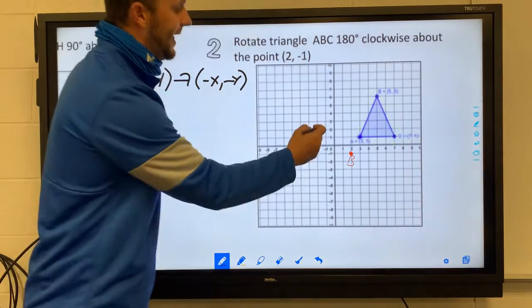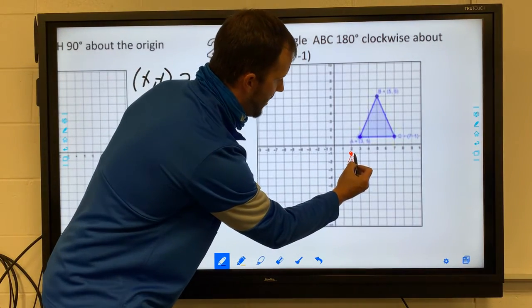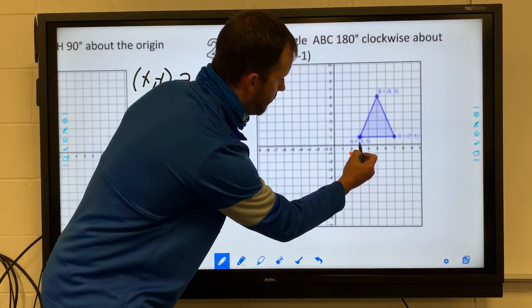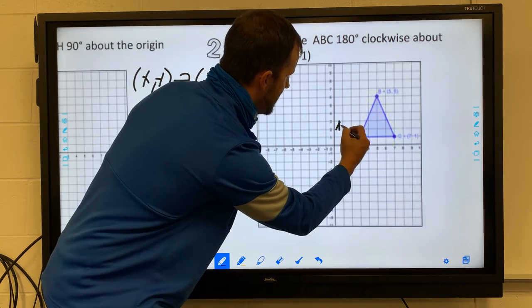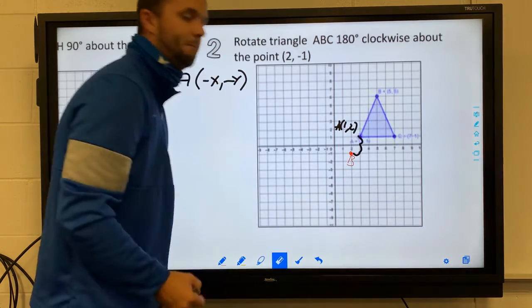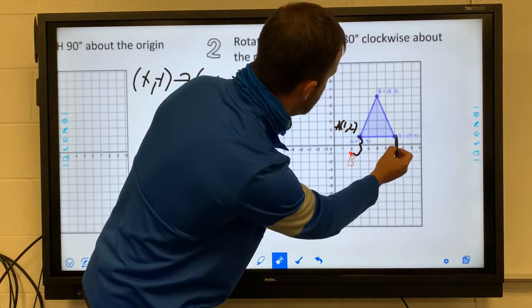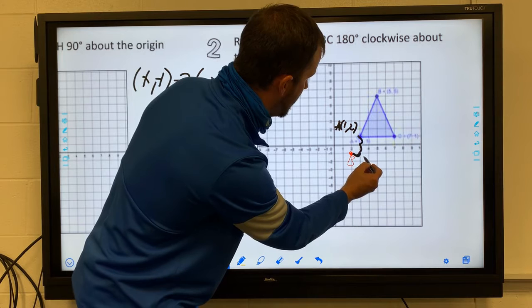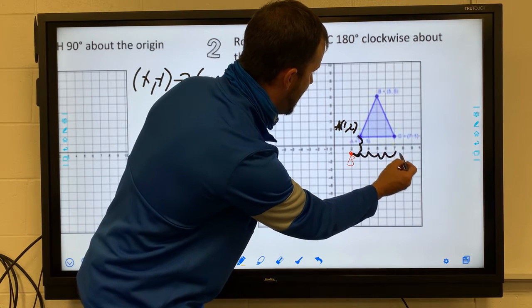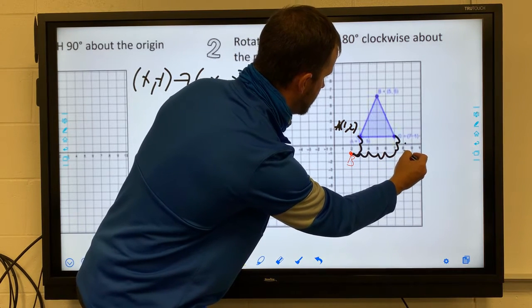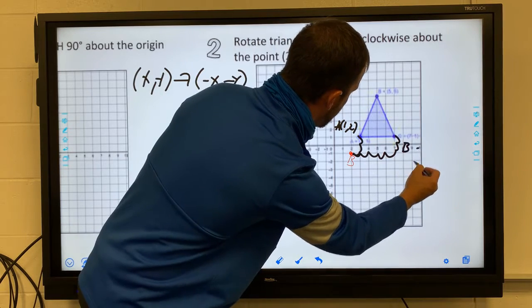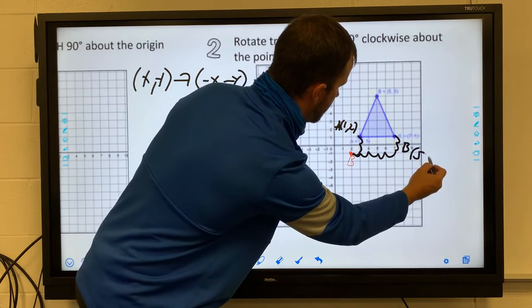So right now looking at A, I'm going to go to the right 1, and I'm going to go up 1, 2. So that means A is going to be (1, 2) from B, okay? Going to what looks like C over here, I'm going to go over 1, 2, 3, 4, 5, and then up 1, 2. So this point over here is going to be (5, 2).